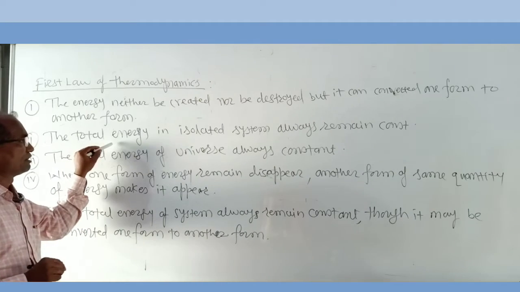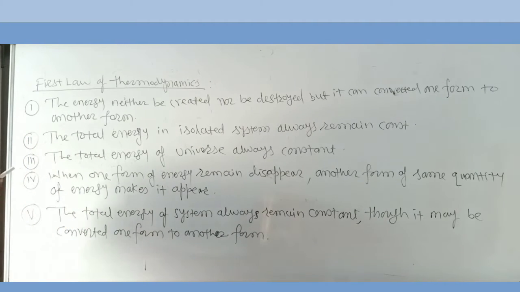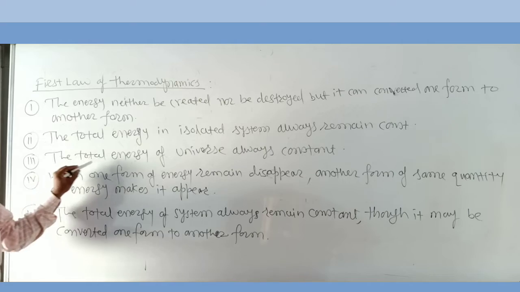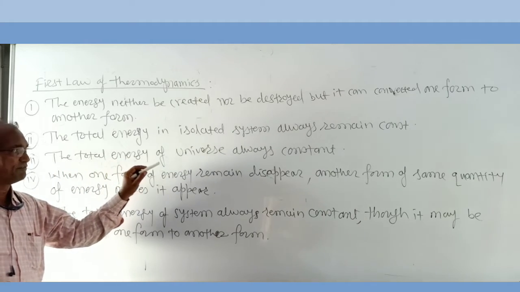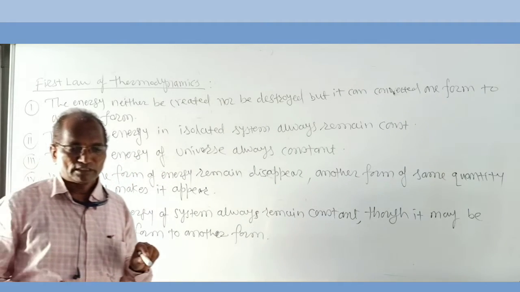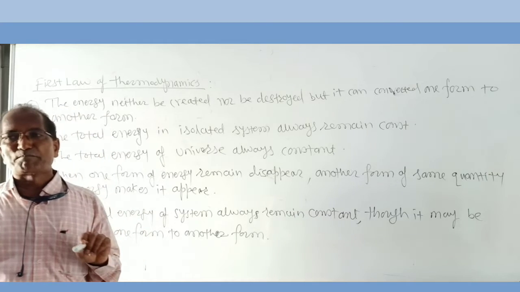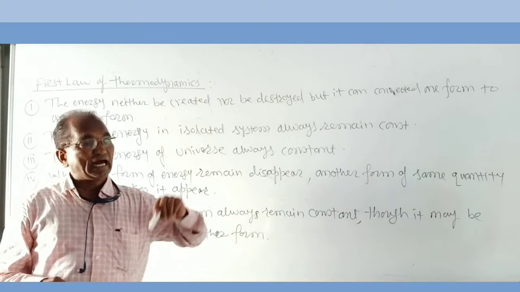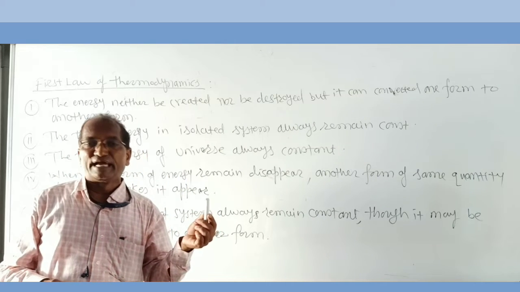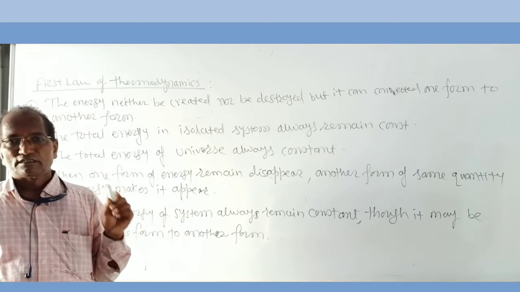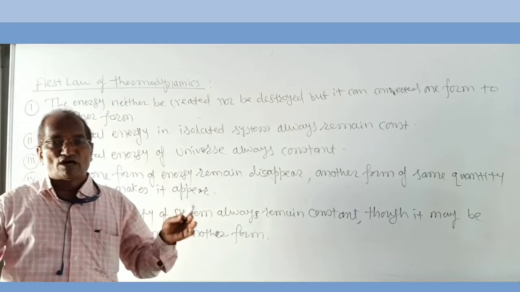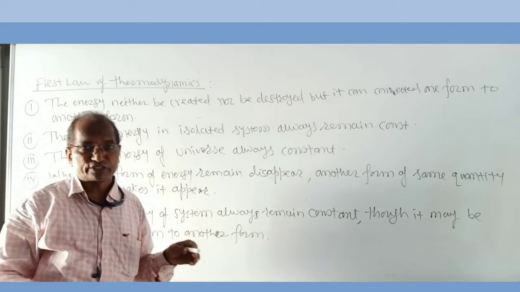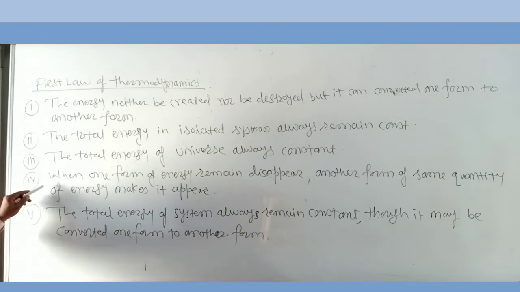Therefore, total energy of an isolated system always remains constant. Third, the total energy of the universe always remains constant. In the universe, some part of any country remains cold, and in another part it is hot. But the average or the total energy of the universe always remains constant.